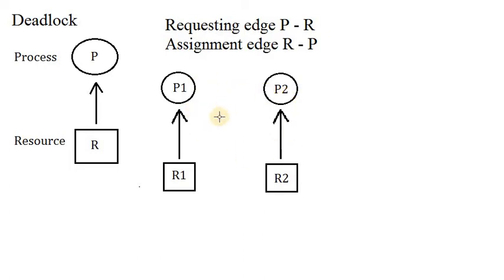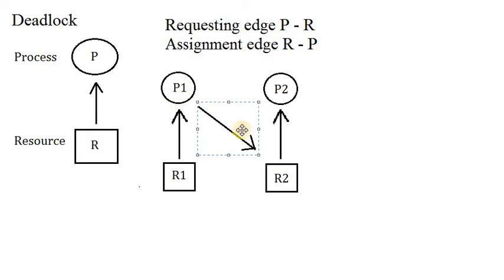Now, these are two independent processes, that means they never enter into any other process's execution. The problem is, suppose P1 is already holding R1, but P1 is requesting another resource like this. To place a request, we use the downward arrow.